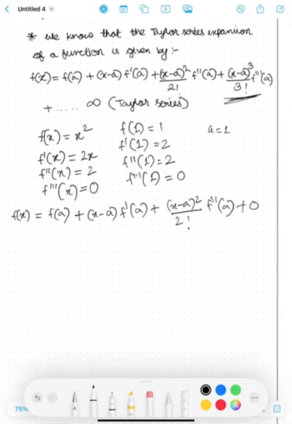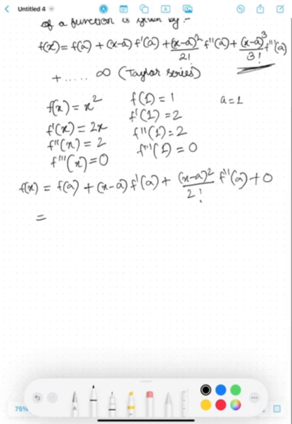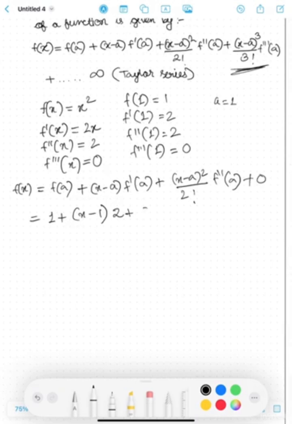So let us just place plus 0. So now f(a), that is f(1), is equal to 1 plus (x minus 1), and f'(a) is equal to 2 plus (x minus a) whole square, that is (x minus 1) whole square divided by 2, and it will be multiplied by 2 as well.